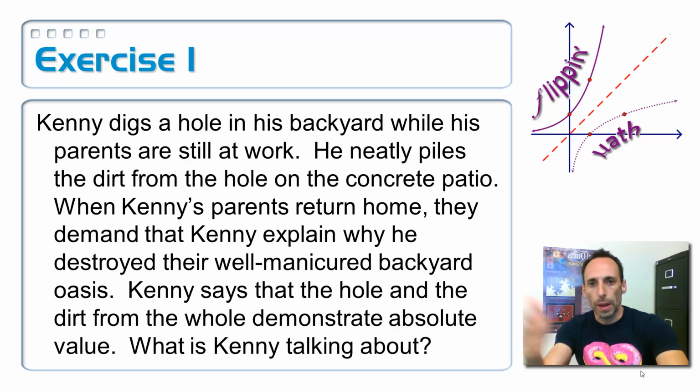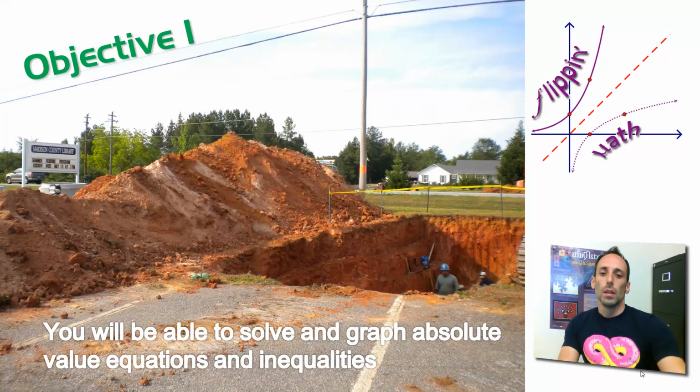So now let's go back to the picture. This picture is doing exactly what Kenny was trying to explain to his parents. If you take the amount from the hole and place it on the patio, let's assume he places it in exactly the same shape as the hole.